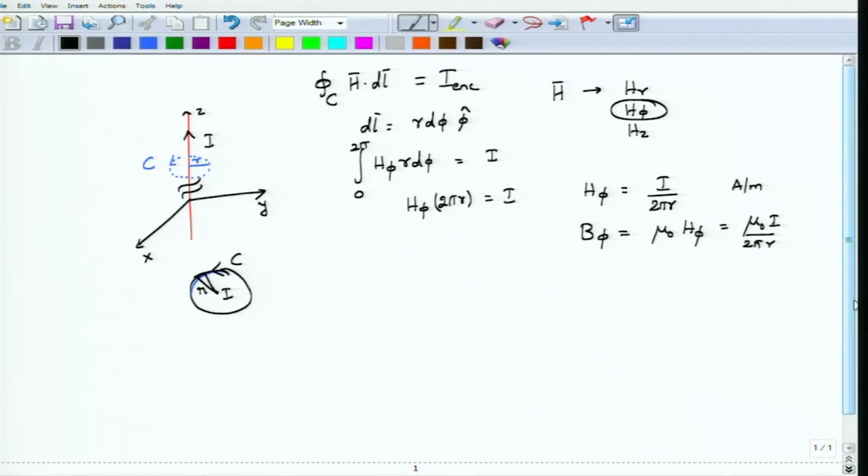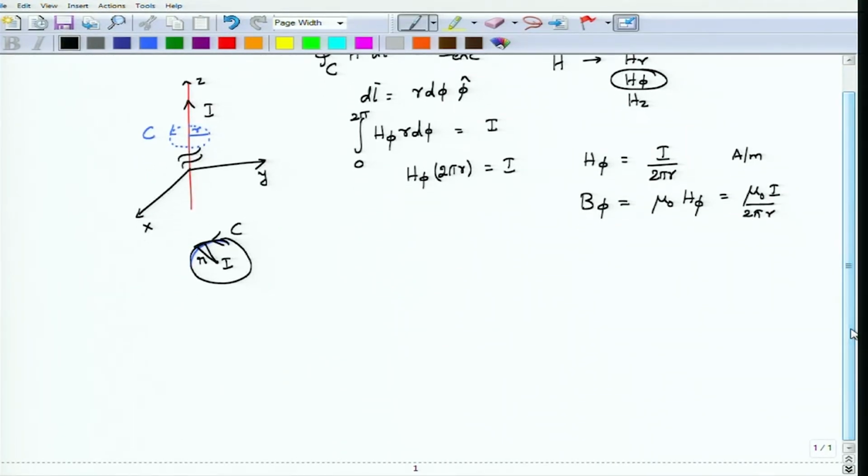Let us consider a different example now, something that is slightly more complicated than this. The example consists of a circularly symmetric distribution, that is, the current distribution is still cylindrically distributed, but it is no longer confined into a thin wire. What it actually has is now a solid wire of radius a. So we will assume that you have a thick conductor of radius a, but we will also assume that the current inside is everywhere uniform.